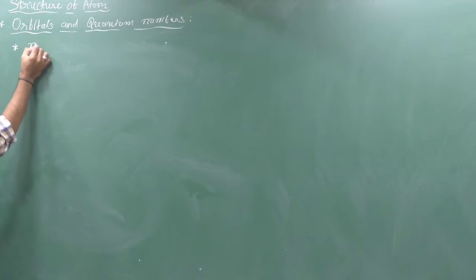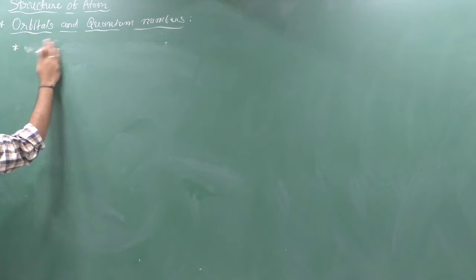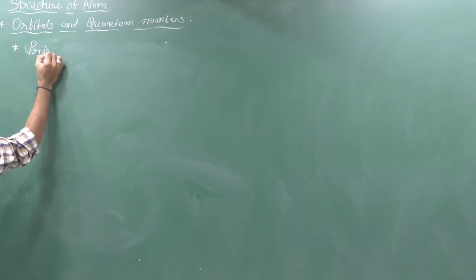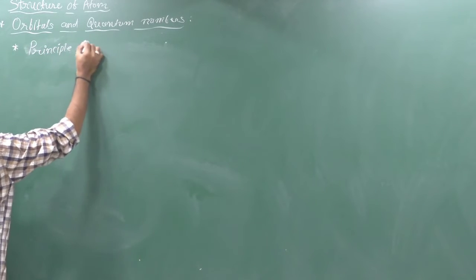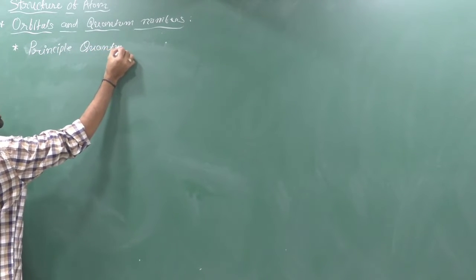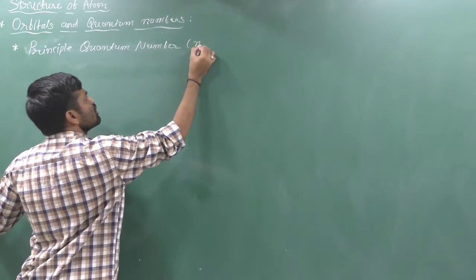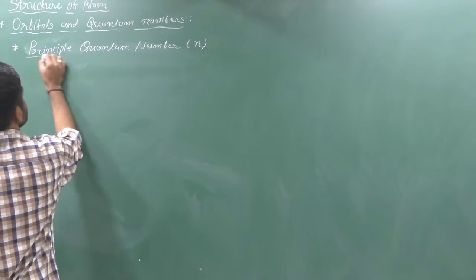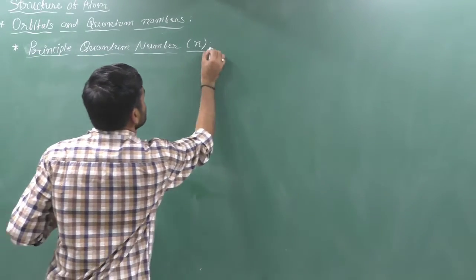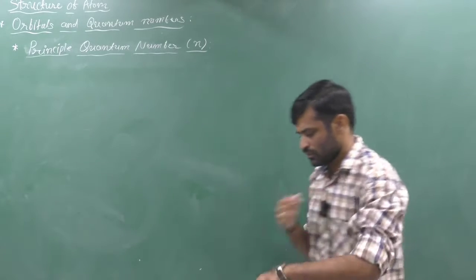First of all, if we want to know about the size, shape, and energy of the orbitals, then we define the quantum numbers. First of all, we start with n, which is the principal quantum number, small n.